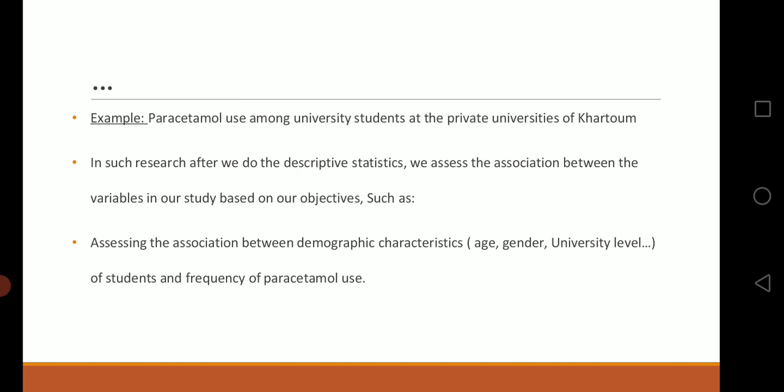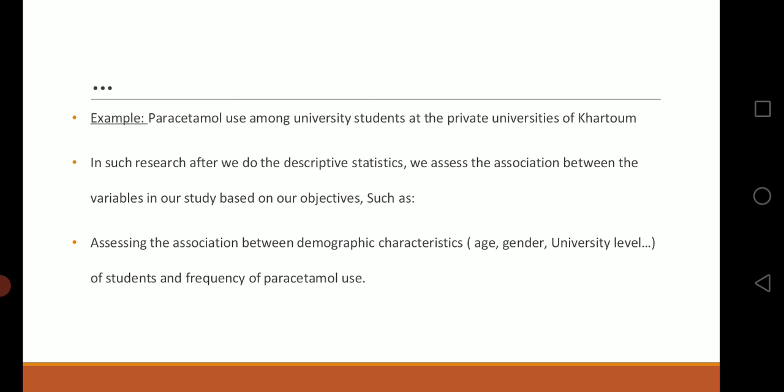And the alternative hypothesis is our hypothesis, which we are assuming in our topic. In this case, we are assuming the alternative hypothesis that there is difference between age and frequency of paracetamol use, or there is difference between different genders and frequency of paracetamol use, and so on.